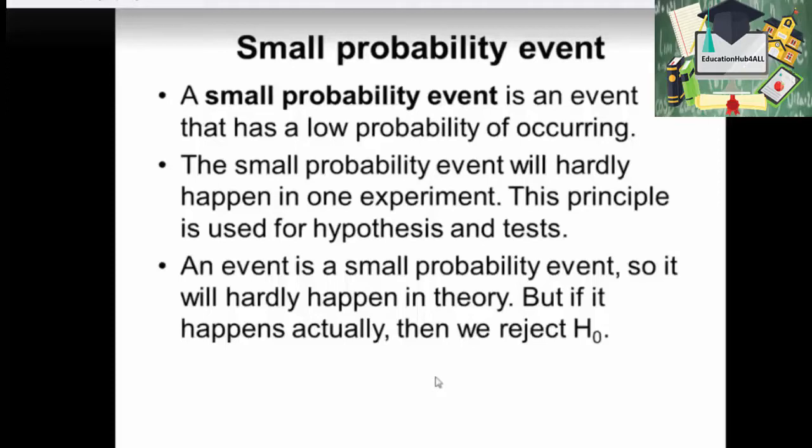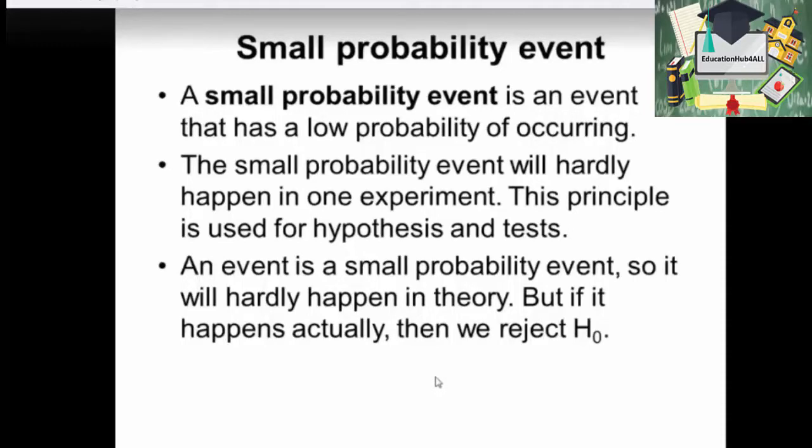Let's say the probability from this normal distribution is 0.01. Of course, how small is small? You can argue that.